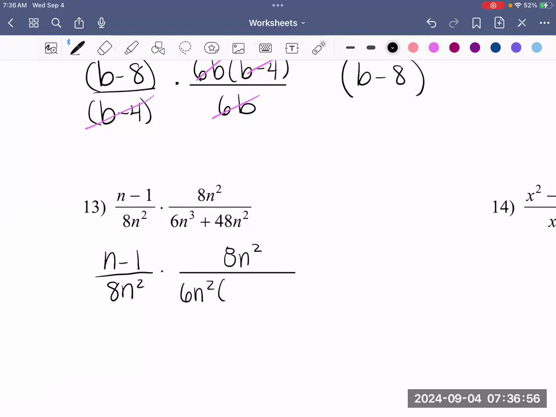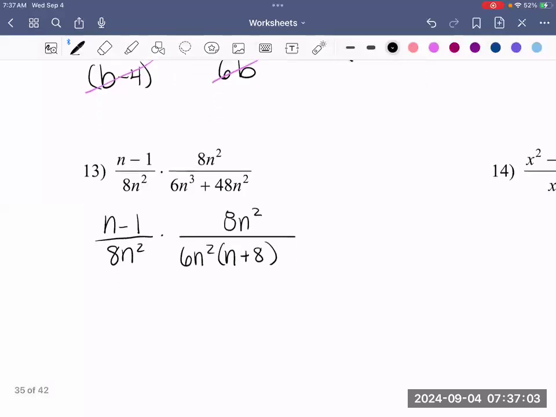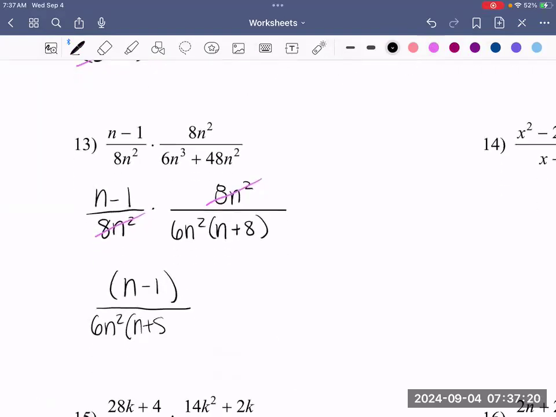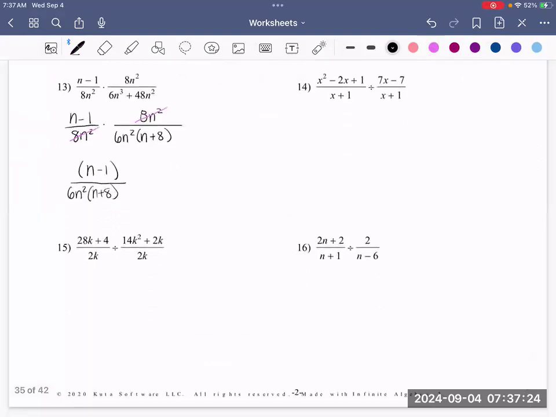So at the very end, we should have 1 left over n plus 8. So canceling out your terms here, we're left with n minus 1 over 6n squared times n plus 8. I think this is our last one.